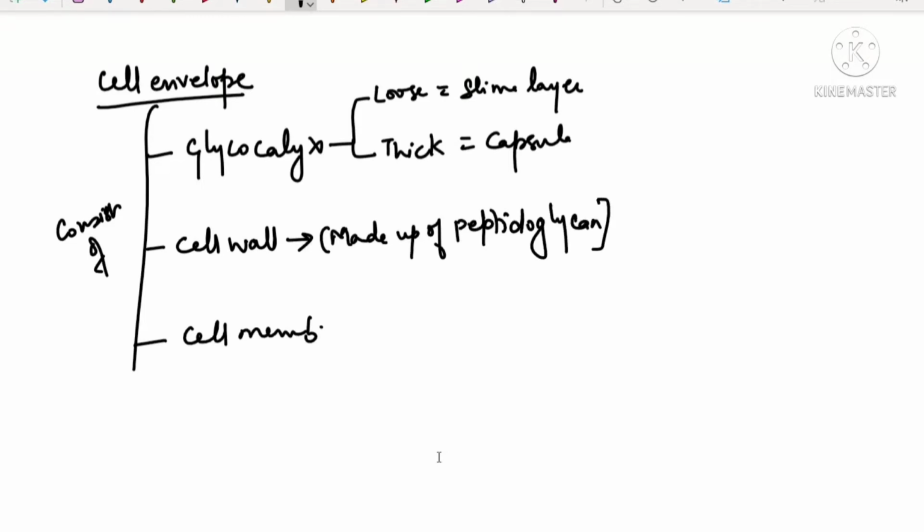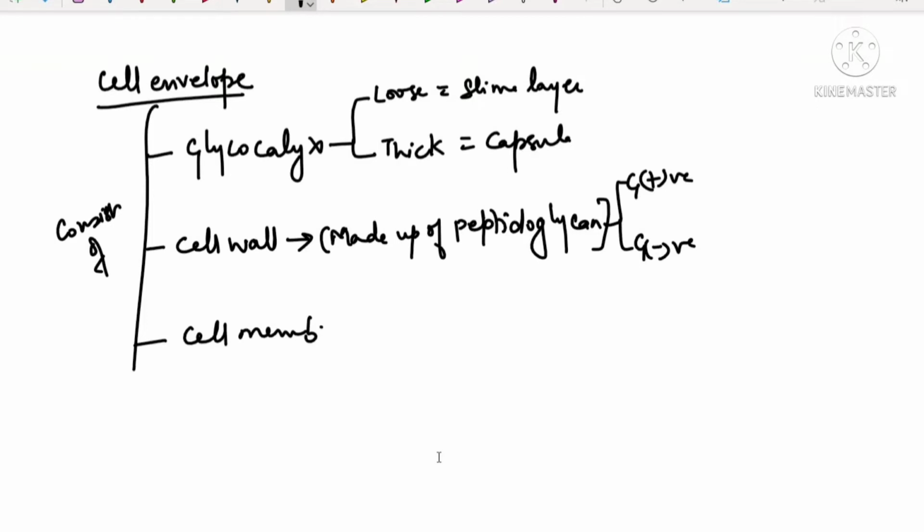Because of differences in staining, if they are able to retain the color, we will say gram positive or gram negative, depending upon the difference in response to the staining procedure developed by Christian Gram. So the difference in staining of the cell wall makes them gram positive or gram negative.